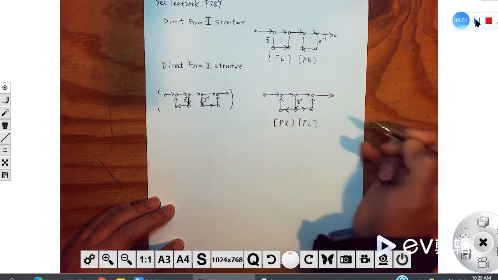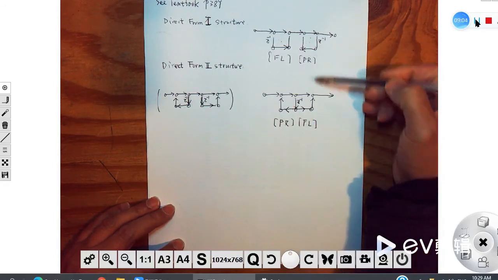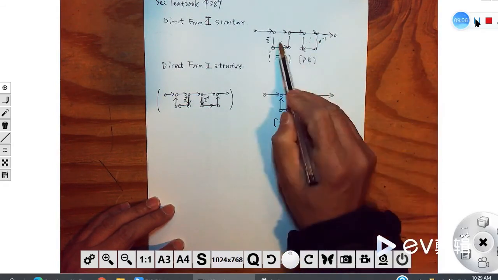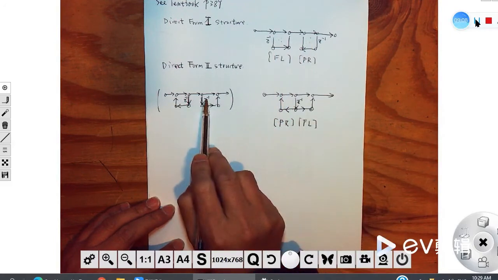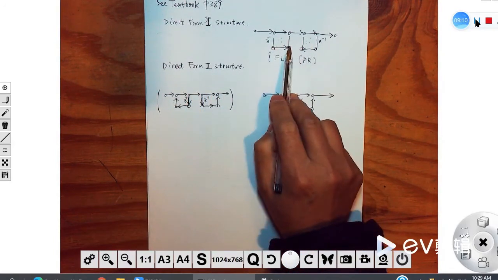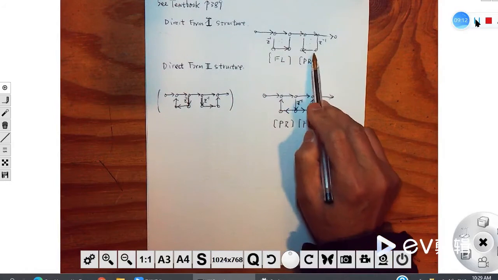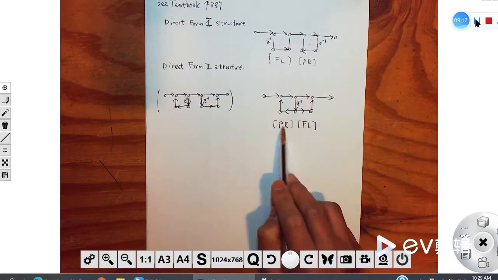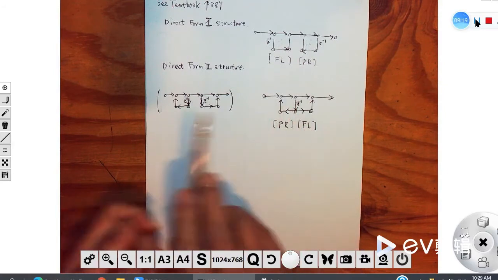So we have two parts. We use the same forward part, FL, and the backward, opposed part, PR. But we switch the location.